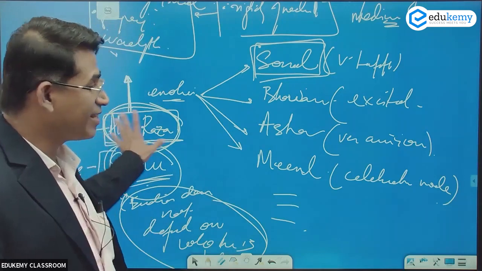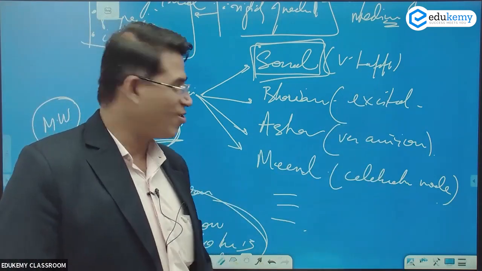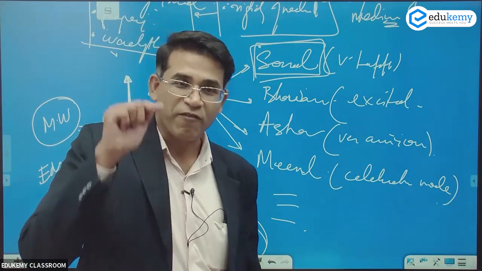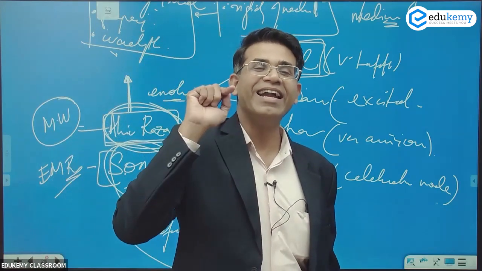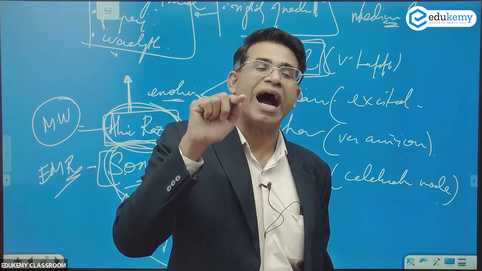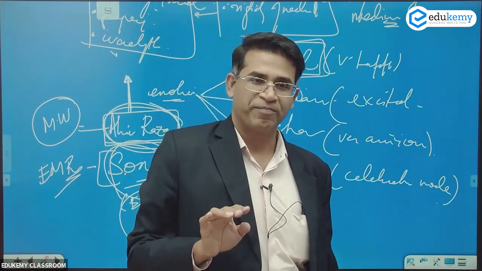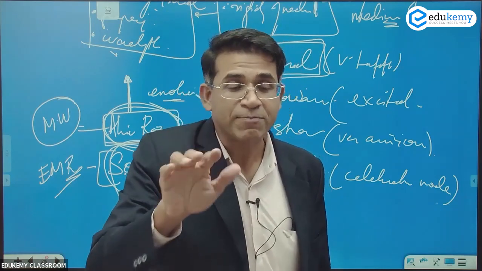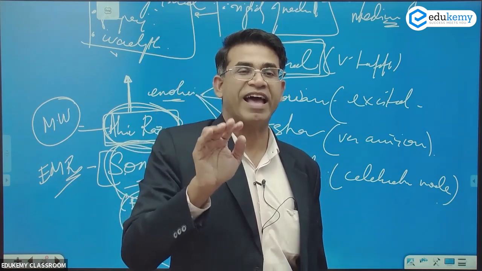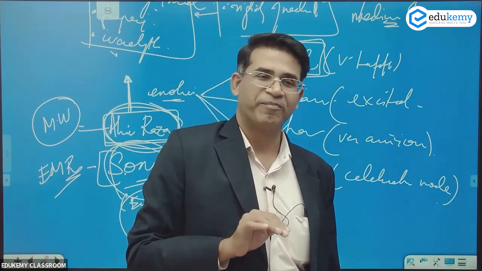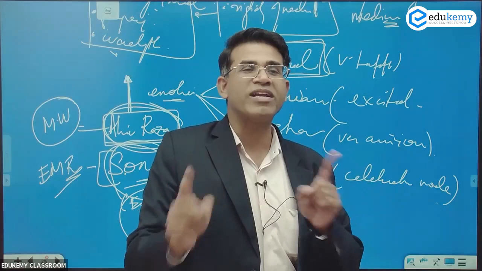Ahmad Raza is celebrating, can you not know he was talking to Meenal? Similarly, if a wave is passing and we know how the wave behaves, I can guess the medium. If a wave is passing and I know the wave has slowed down, I know the medium. They are related, a one-to-one relationship.